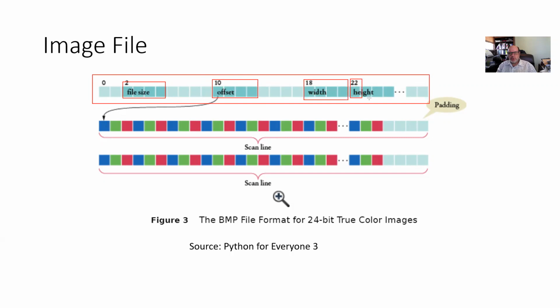And position 22 is going to be the height of my image. Width and height is right there. What else? So this is the 24-bit true color. That's going to be RGB format. 3 bytes, 3 times 8 is 24.